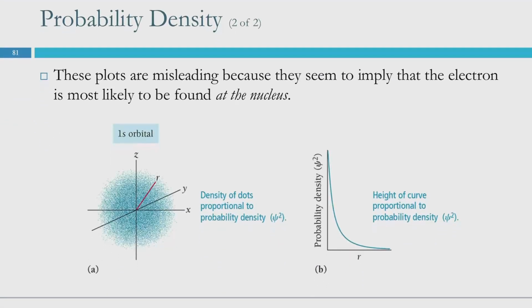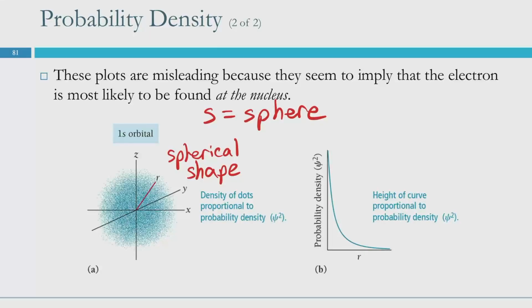So this is our plot. So we've got this vaguely spherical shape. So s conveniently stands for sphere, or we can think of it as standing for sphere. And what's confusing about this plot is that it looks like the electron is most likely to be found at the nucleus.